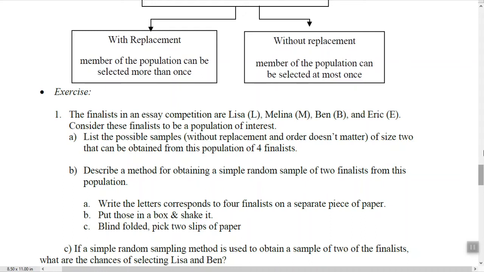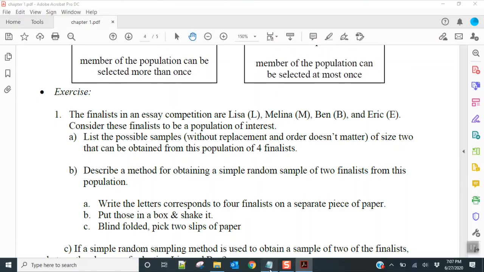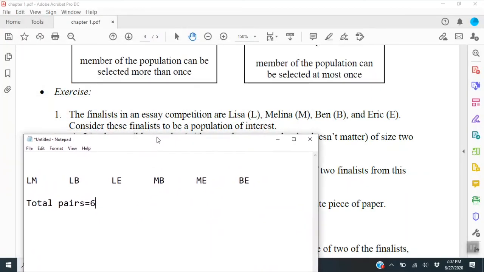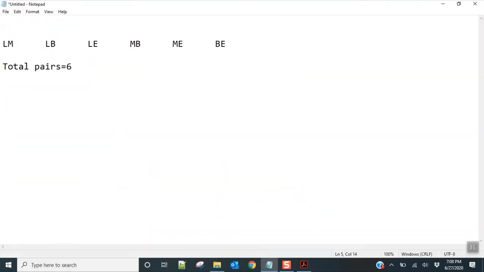For that, I'll show you. L is Lisa, M is Melina, B is Ben, E is Eric. The first pair is LM, next is LB, third is LE.